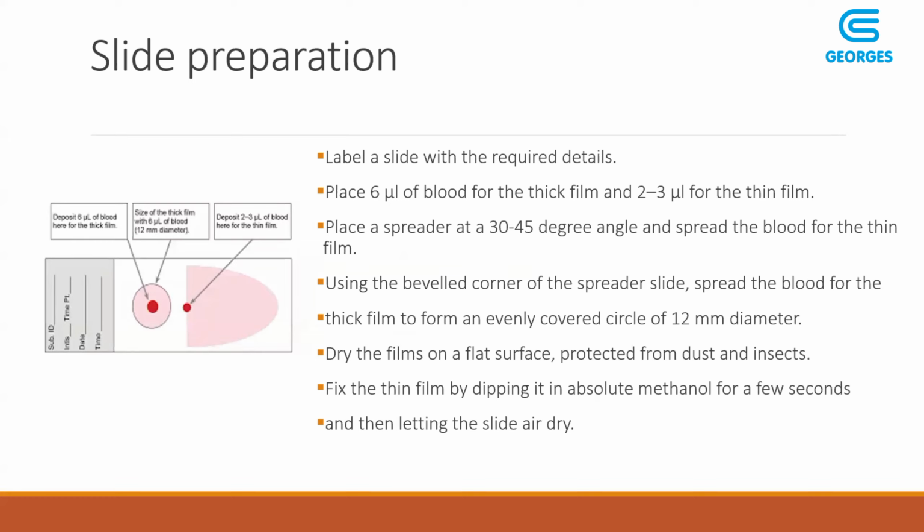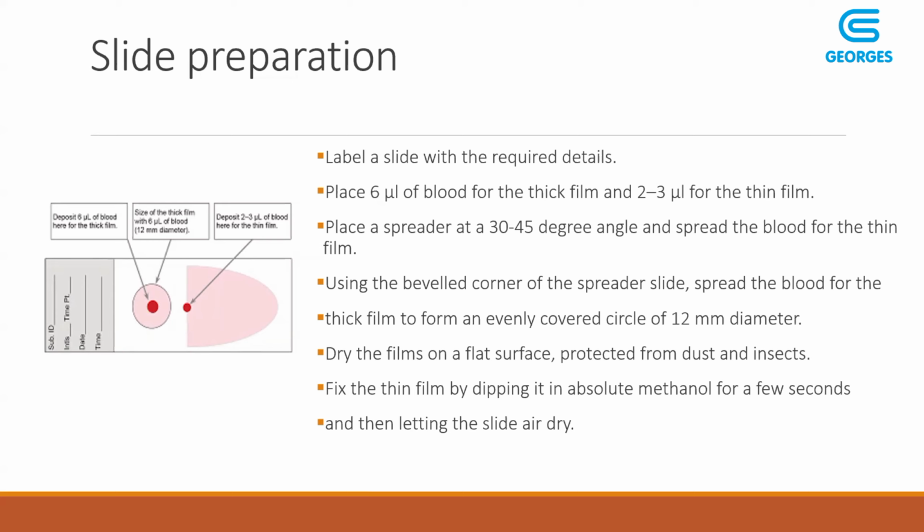You place 6 microliters of blood for the thick film and 2 to 3 microliters of blood for the thin film. Then you use a spreader at an angle of 30 to 45 degrees to spread the blood for the thin film, and then use the bevel corner of the spreader to spread the blood for the thick film to form an even circle covering around 12 millimeters in diameter.